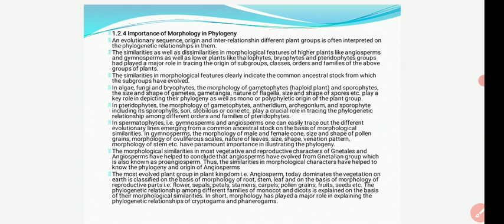The most evolved plant group in the plant kingdom, that is angiosperm, today dominates the vegetation on earth and is classified on the basis of morphology of root, stem, leaf and on the basis of morphology of reproductive parts, for example, flower, sepal, petal, stamens, carpels or pollen grains, fruit and seeds, etc. So, the phylogenetic relationship among different families of monocot and dicot is explained on the basis of their morphological similarities.